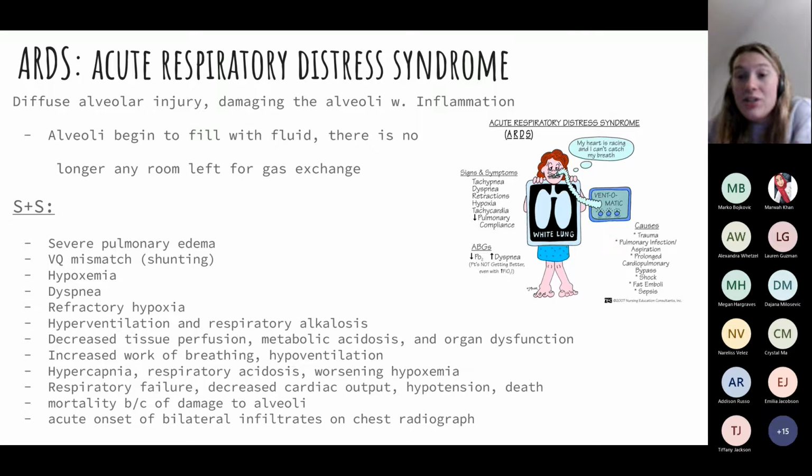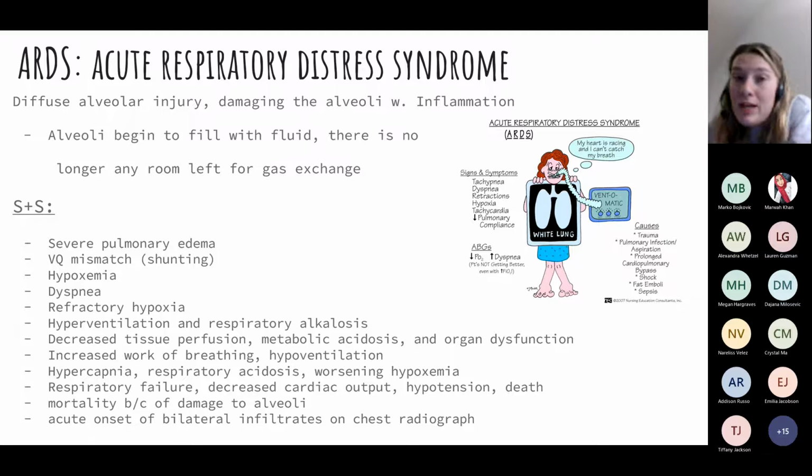This is why these patients are going to have what is called refractory hypoxemia, which means that even if I'm giving them a non-rebreather mask and I'm pushing the max amount of oxygen, their O2 sats are still not going to improve because no matter how much oxygen we give them, it's not going to be able to reach the alveoli, where the alveoli can take that oxygen and push it into the blood, because these alveoli are filled with fluid and can't do their job.